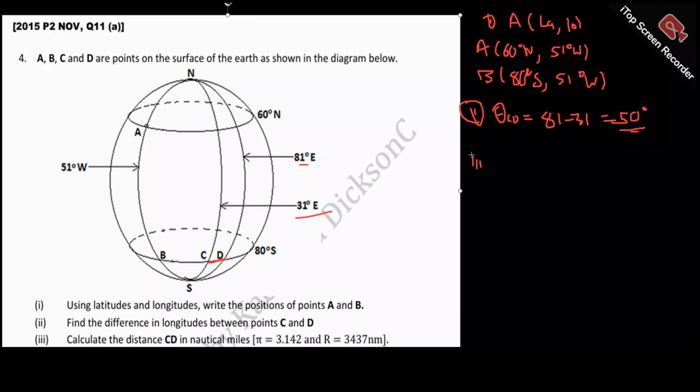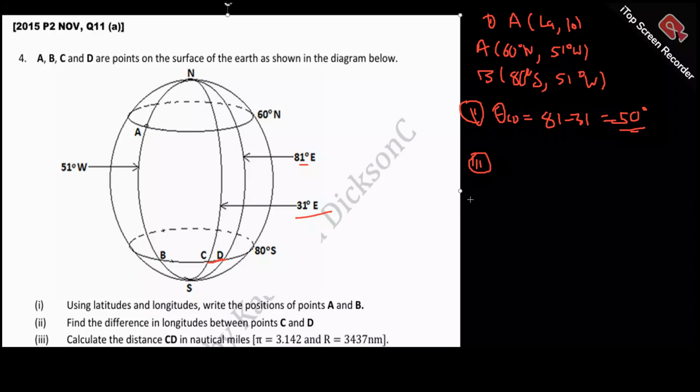Very simple. I want you to be seeing math the same way I used to see it. I never used to be afraid of math. Calculate the distance CD in nautical miles. They want us to find the distance, and it's even easier because we have found the difference already.